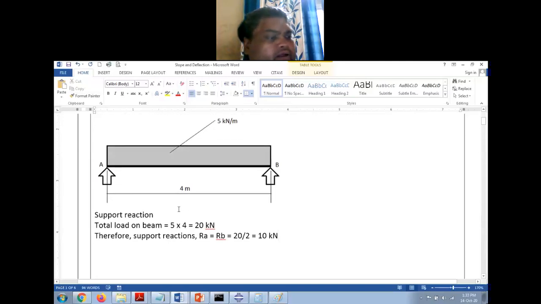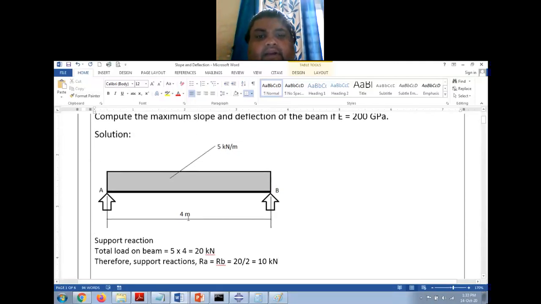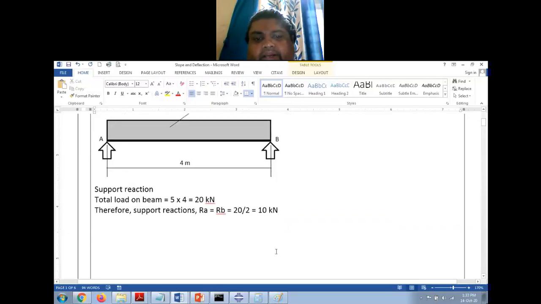You have to find the maximum bending moment in this case. Now, where is the maximum bending moment? It is at the center of the beam, right?